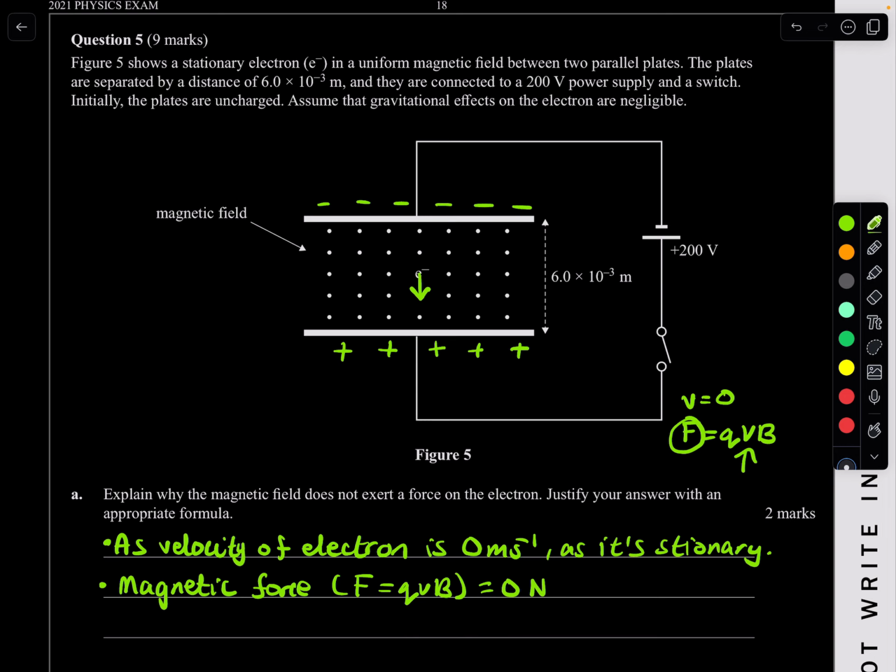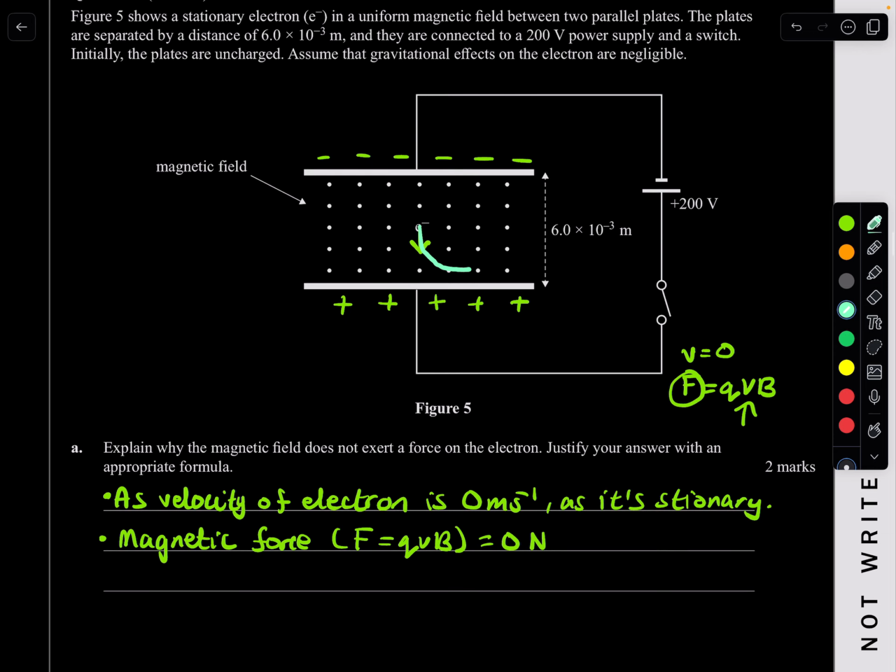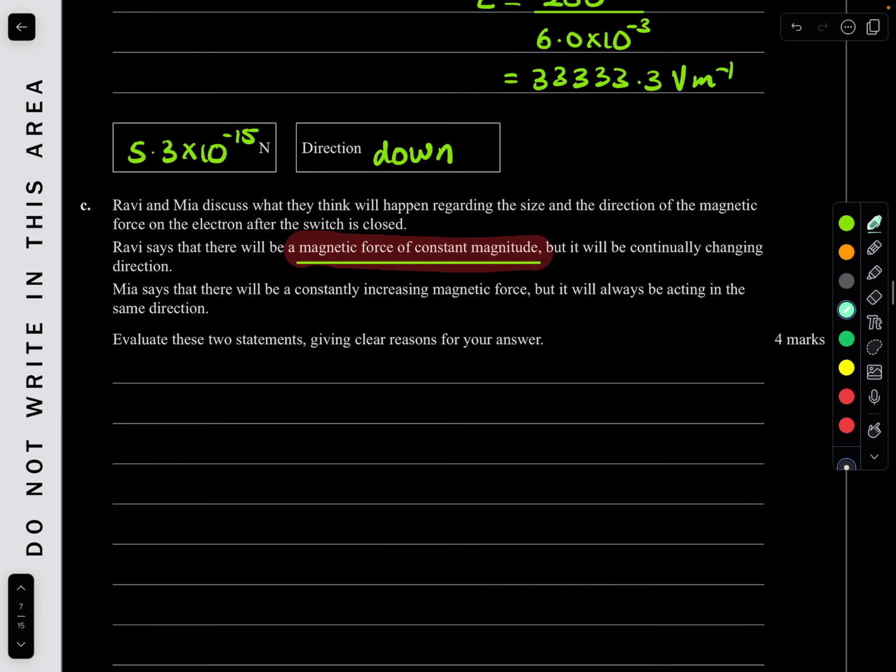Putting my fingers out of the page and my thumb downwards, there'll be a force produced this way. Remember, it's always perpendicular to the velocity, so the electron is going to move like this. It's not in a constant direction, the direction is changing. So in terms of that statement, he actually got that right. But it will be continually changing direction? Yes, it will be continually changing. So I'm going to put a green mark here. He really got that right. So great.